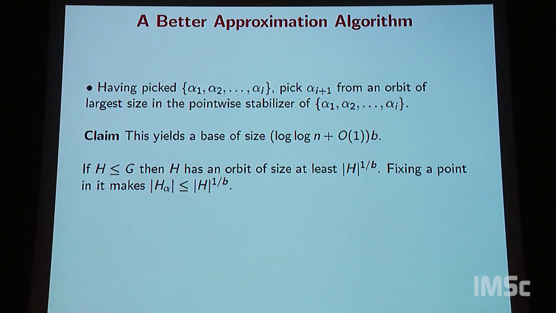So if H is a subgroup of G, then G has an orbit of size at least cardinality H to the 1 by cardinality B power. That's because by the time I fix B points, I am shrinking down to identity. So there must be, and I know that at every level I have these transversals which correspond to my orbits, an orbit whose size is cardinality H to the power 1 by B, because in B steps I am shrinking down to identity.